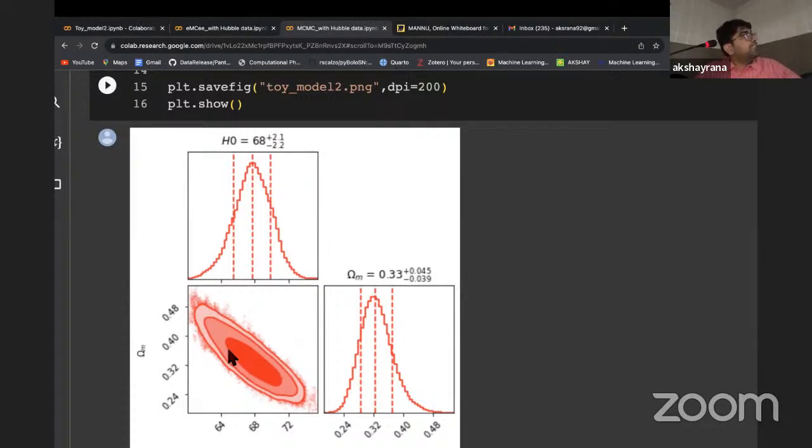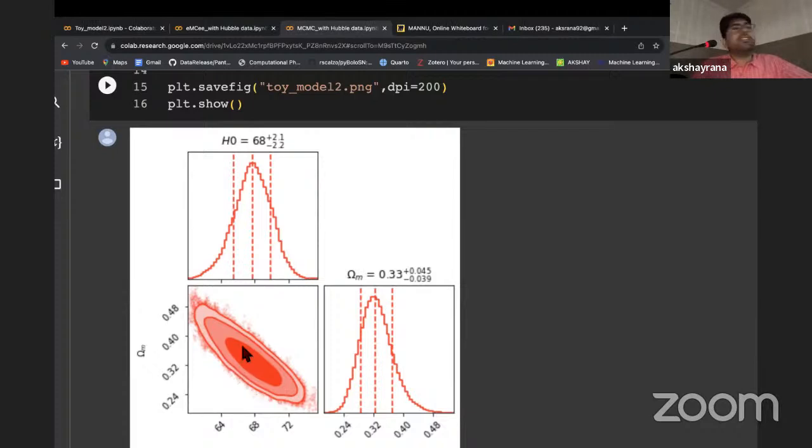Now try to see this one. It's clearly telling you that there is a very strong correlation between H naught and omega m. Can you see this banana kind of contour? It's showing that if H naught increases, then the omega m value will decrease, so it's a negative correlation.